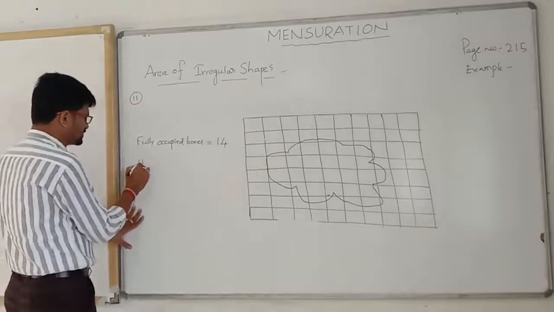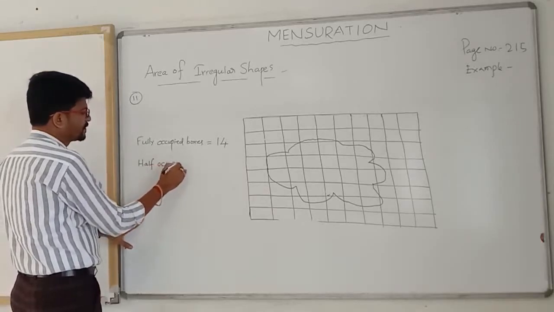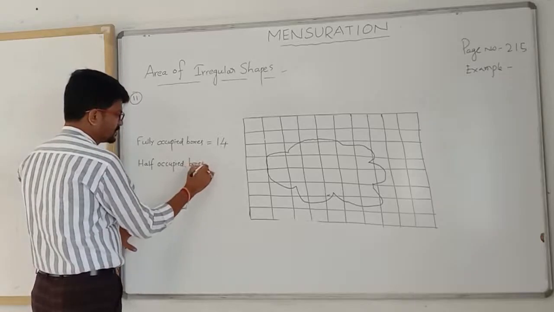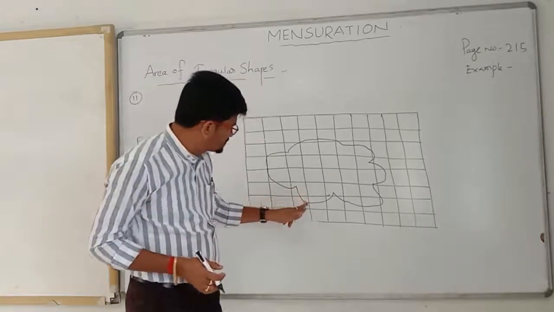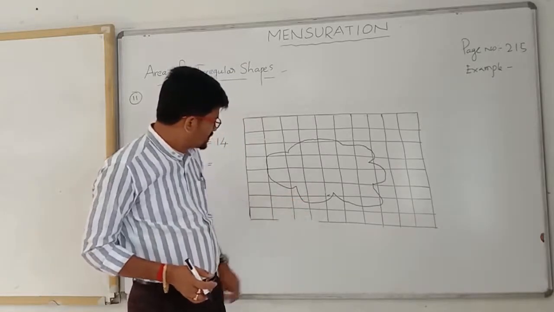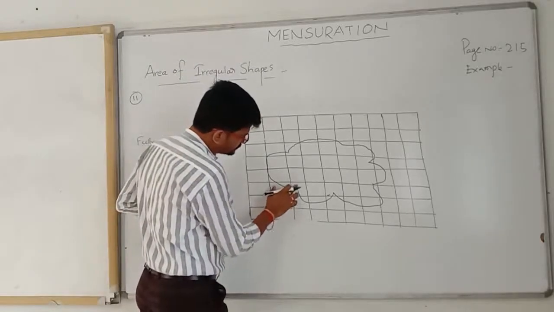Now, half occupied boxes. How many half occupied boxes? Approximately, see, this is half, this is half.